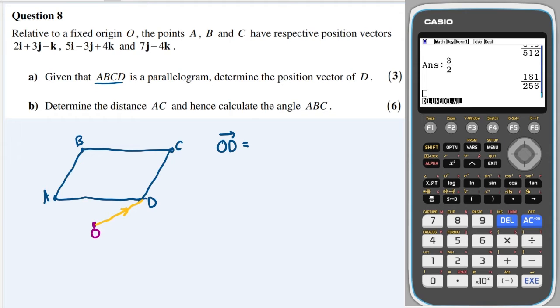Well, one thing we could do is we could go O to A, and then what we can do is we can do the same B to C, because B to C will be the same as A to D. So we're going to go from O to A and then A to D, but that's the same as O to A plus B to C. And how do we go from B to C?